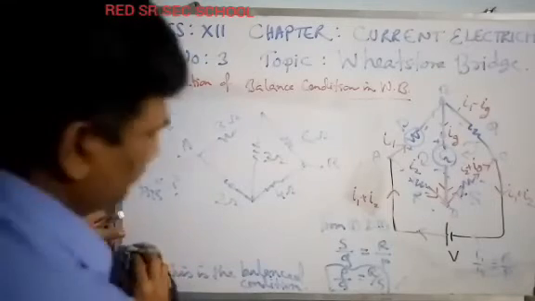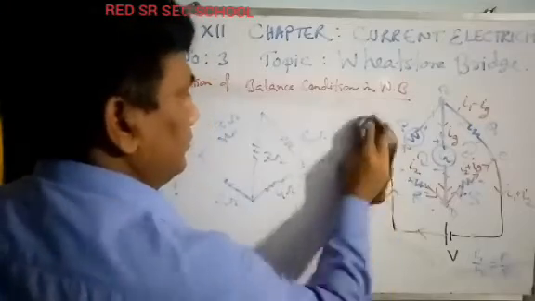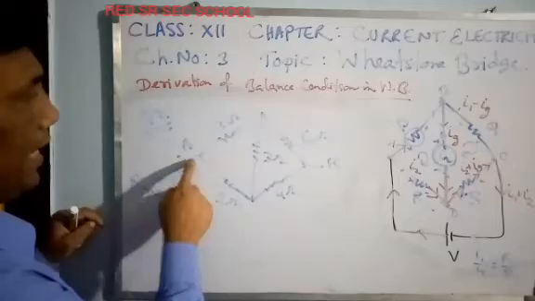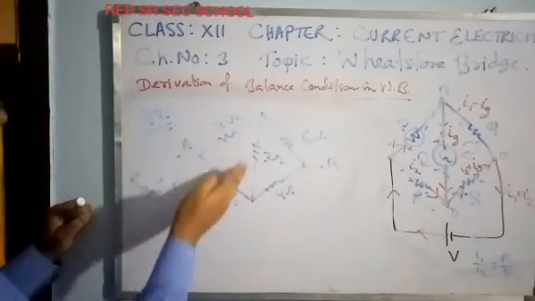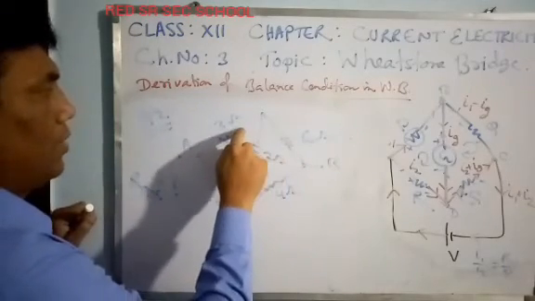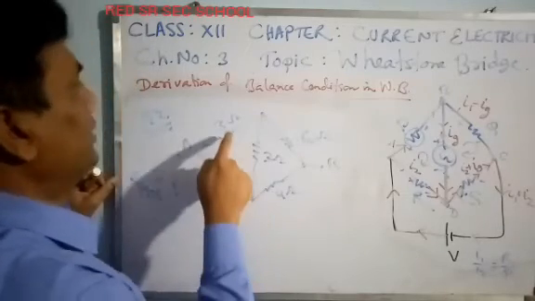In this problem I need to find out the resistance between A and B. The current will be split into two parts, and again it will be split here into two parts. But you see, a condition is satisfied here.